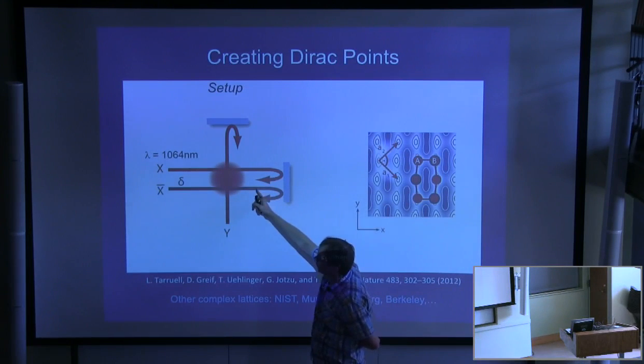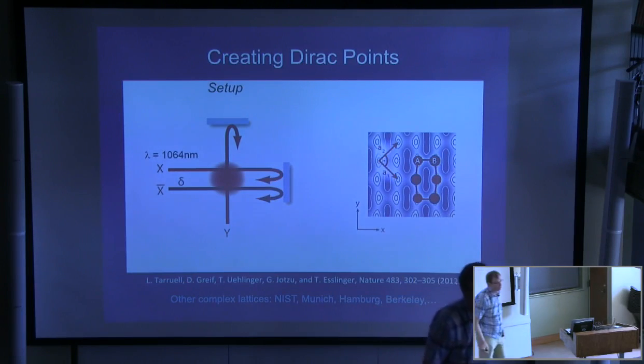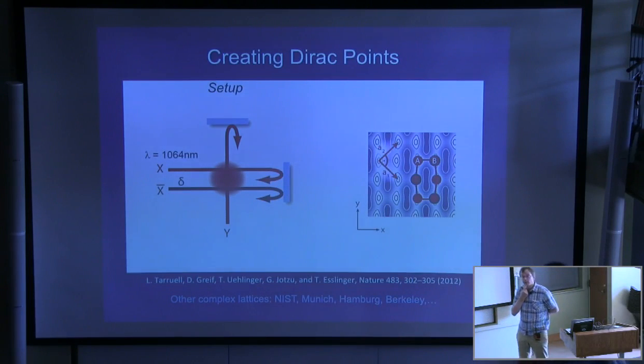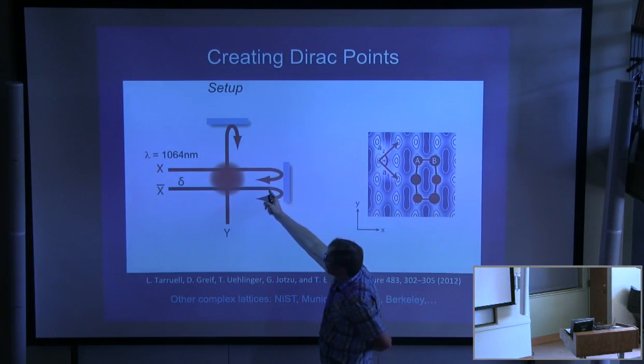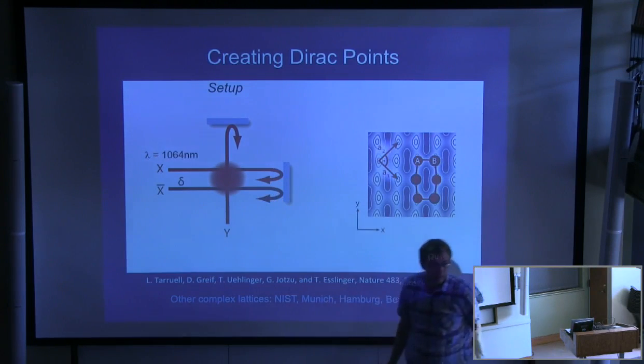It's an important point that this doesn't break inversion symmetry. So, if it doesn't break inversion symmetry, there are some states in this band structure which are also eigenstates of this beam.